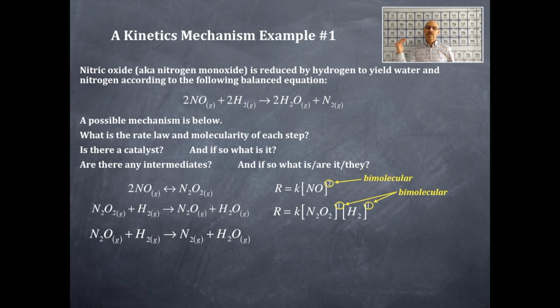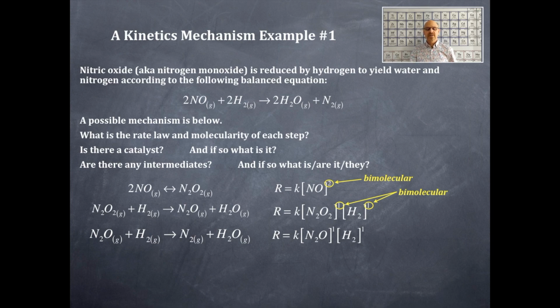Okay? All right, the next elementary step, we're going to write the rate law for the next elementary step. Again, the rate law is based on reactants only and using the stoichiometry because this is an elementary step. Okay, and here's the rate law for that third one. R is equal to K[N2O] to the first power because the stoichiometric coefficient on the N2O is a 1.